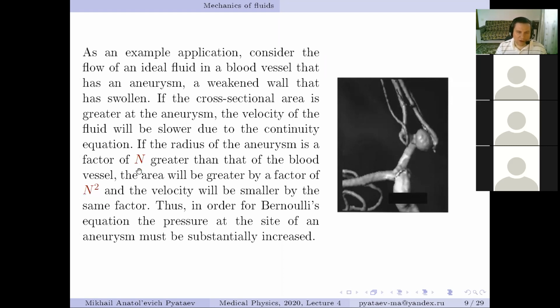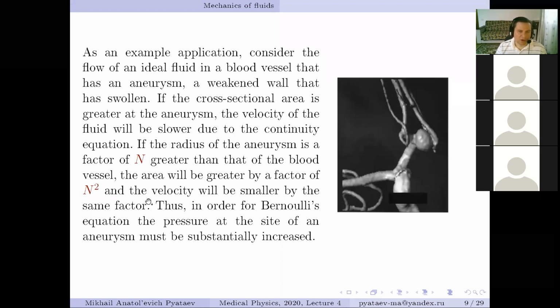And this estimation is valid for an ideal liquid. For example, it is written here that if the radius of the aneurysm is n times greater than the radius of the blood vessel, then the area will be n squared times larger, and that's why the velocity will be smaller by the same factor.